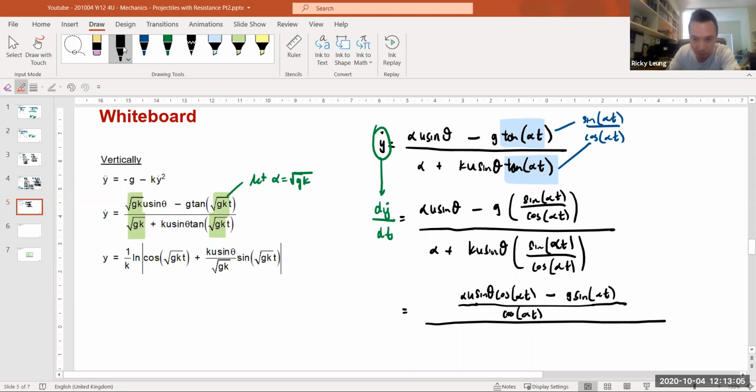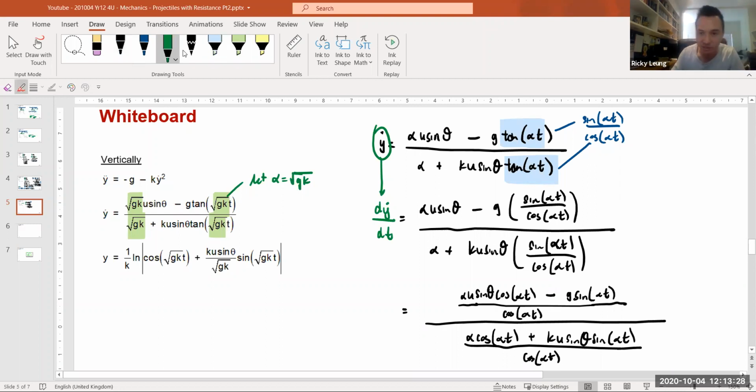And the bottom you do the same, so common denominator again, cos alpha t. It's good because I'll cancel that out in a second. It's alpha cos alpha t plus ku sine theta sine alpha t. All right, here we go. We're going to do some manipulation magic. Obviously, this guy goes away. And we have top on bottom, almost there for what I want.